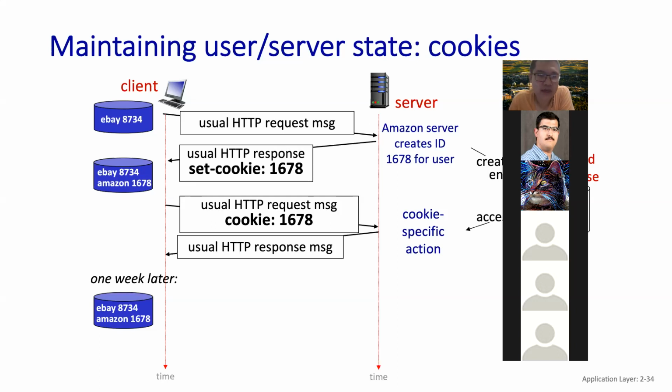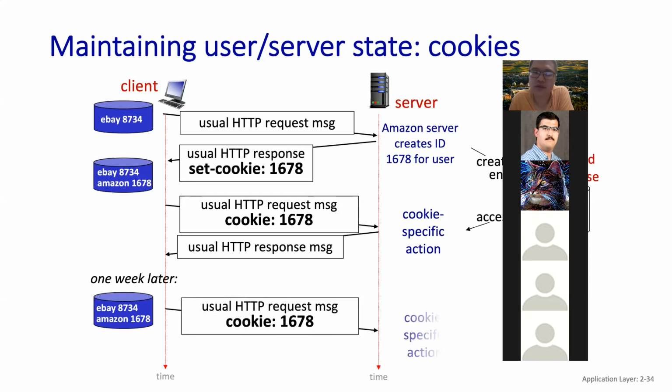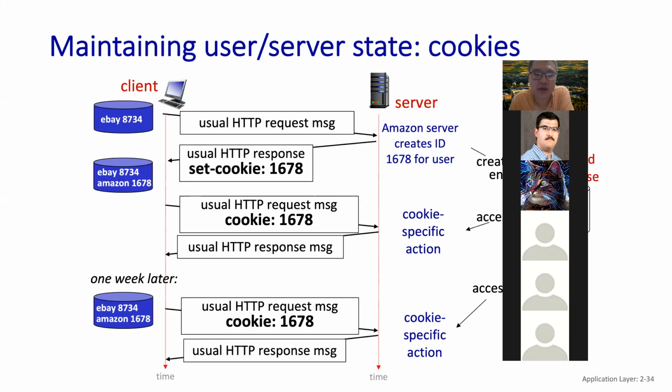But one week later, you still want to see that information, so you send the HTTP request message with the cookie again, and the database still saves your information and gives you your historic information. So that's how server and client use cookies to communicate with each other and recognize who is who.